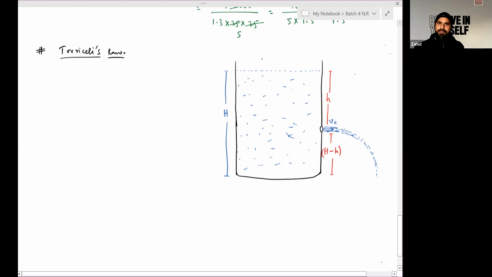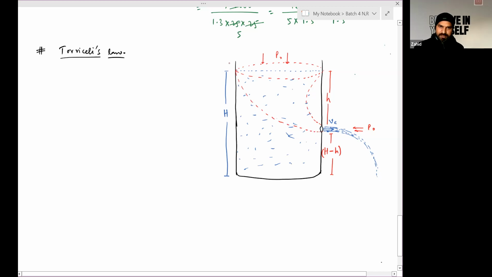Since this top part is exposed to atmosphere, there will be atmospheric pressure at this point, and this is also exposed to air, so atmospheric pressure will be at this point also. Now just consider this particular thing as equivalent of a tube.